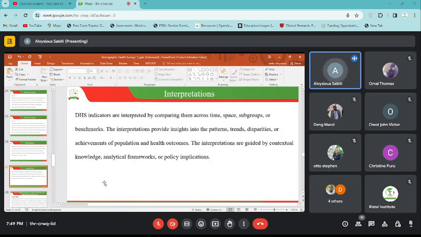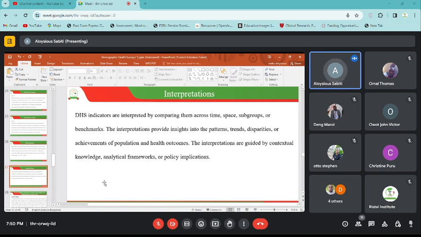The DHS indicators are interpreted by comparing them across time, space, subgroups, or benchmarks. Just as I have been explaining regarding analysis, you can interpret the indicators over time.